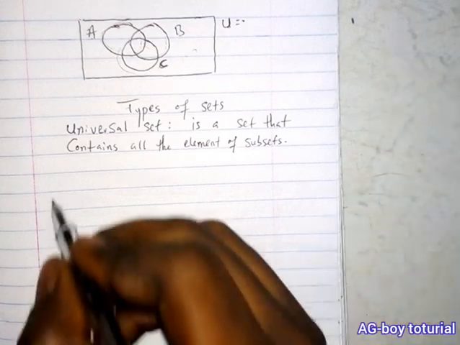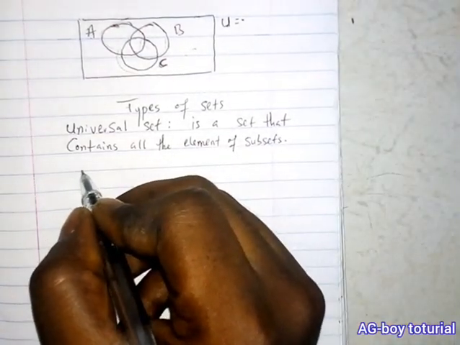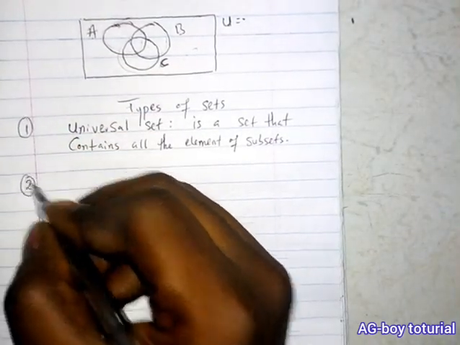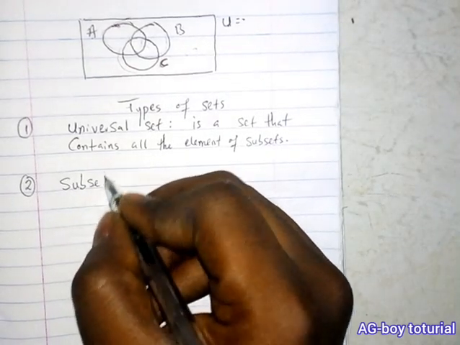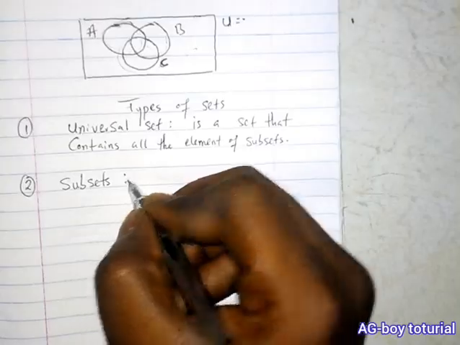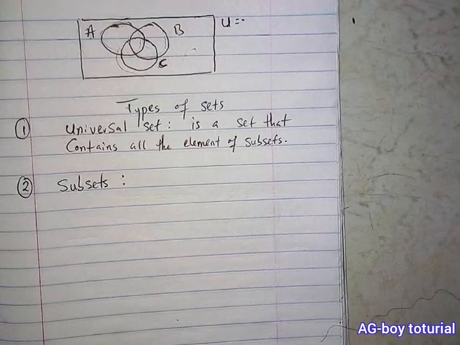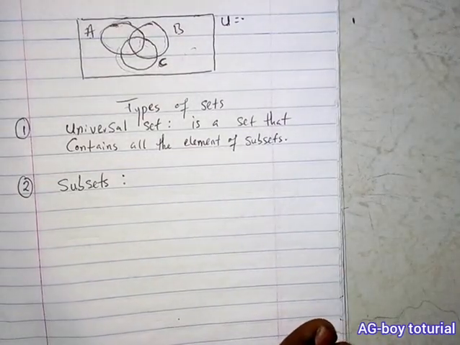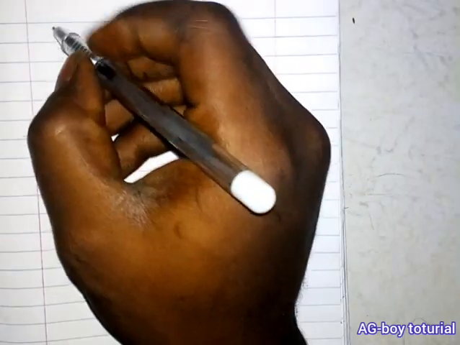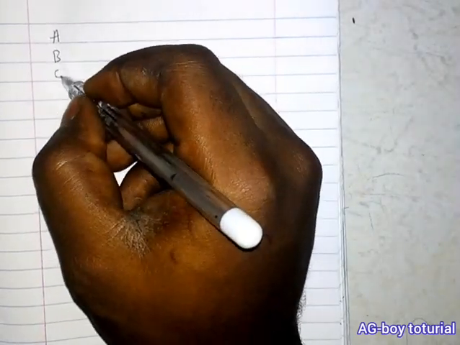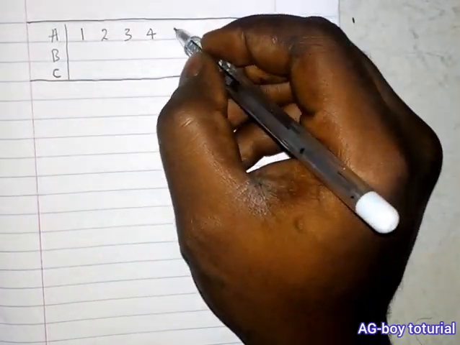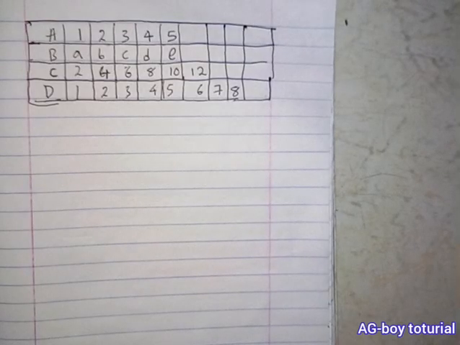Now, what is a subset? This is your number one type of set. Number two, before I explain more about this set, I would love to draw my table. This is my table.